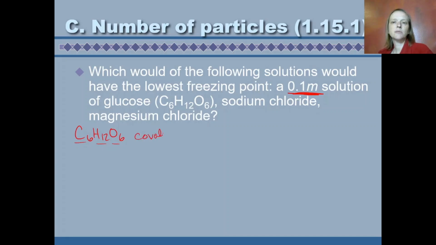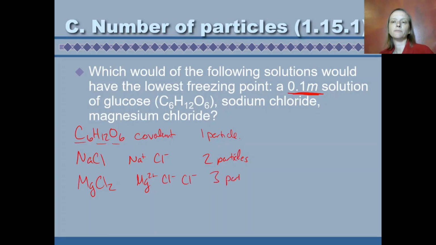This is a covalent substance, and so it does not split into multiple particles in solution. It stays as just one particle. Sodium chloride, NaCl, splits into sodium ions and chloride ions, so that's 2 particles. And magnesium chloride is MgCl2. Those are magnesium ions and a chloride ion and another chloride ion, so that's 3 particles.